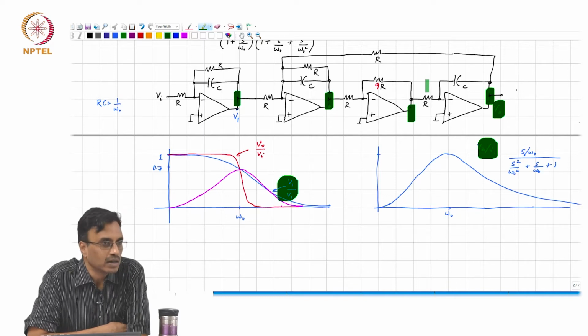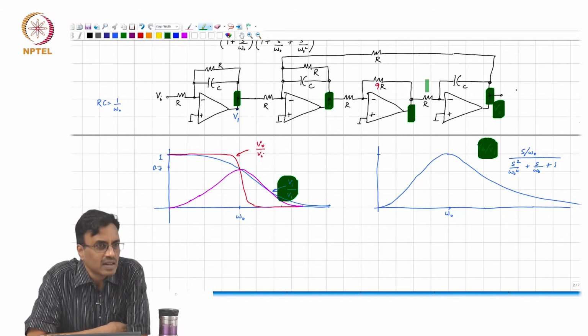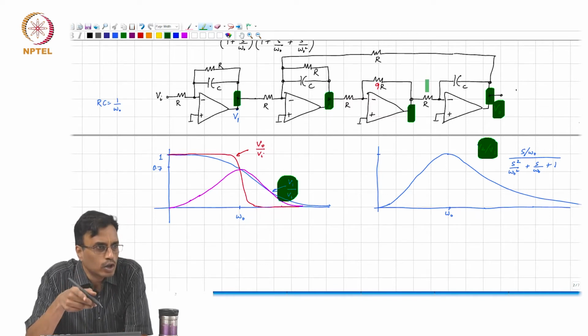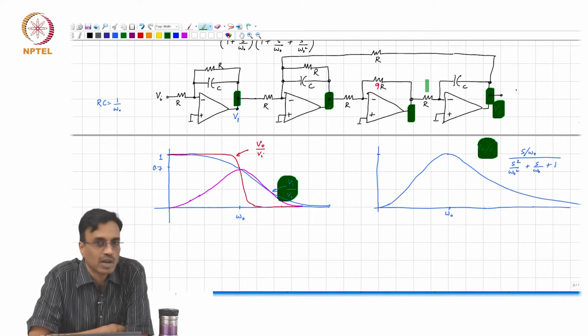But that's not the point. The key point is to understand that by changing one of those resistors there, for instance, the poles of the biquad and the quality factor have both changed. All right. Now the question is, what do I do to bring it back to omega naught? What do you think I could do? Of course, one thing you would say would be to not change the 9 in the first place.